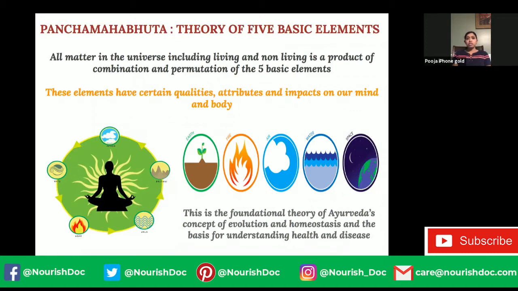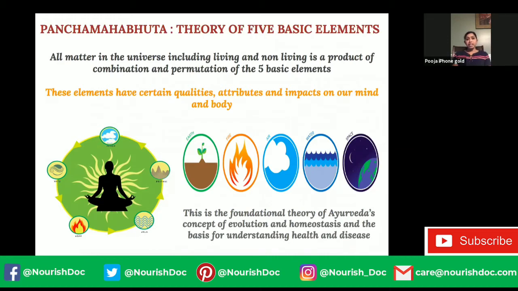So the answer to this question is that all matter in the universe, including living and non-living, is a product of combination and permutation of these 5 basic elements. That means everything is made up of these 5 basic elements, but the proportion of these 5 elements varies greatly in different forms of matter. And that is why there are so many different forms of matter that exist in nature.